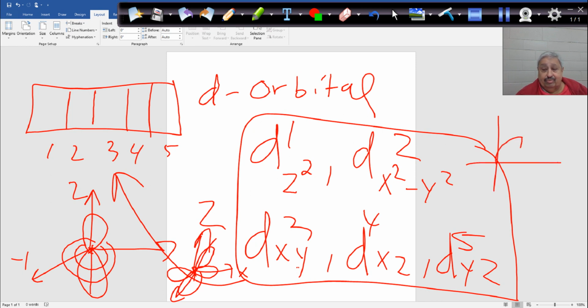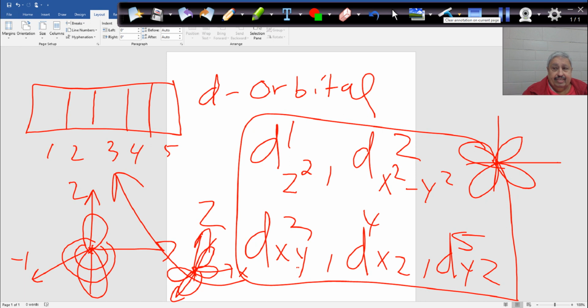But at least know that the d orbital is made of 5 suborbitals. Do we have to memorize them? The answer is no. Just look at the whole thing here.